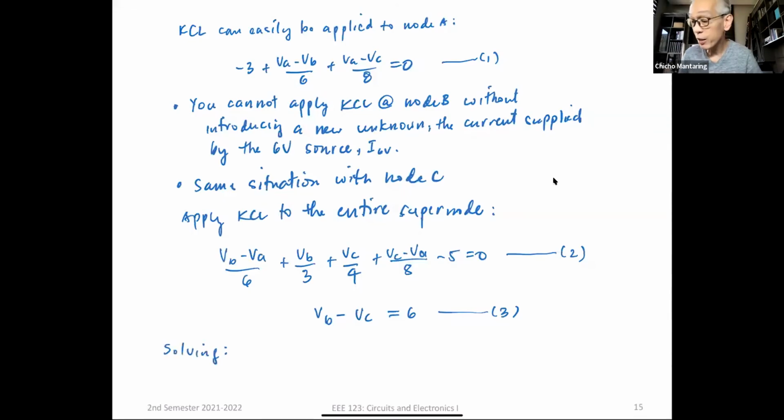You can simplify your system of equations, enter your coefficients into your calculator, and tell your calculator to just compute the solution for you. You're going to get VA is equal to 24 volts, VB is equal to 16.3 volts, and VC is equal to 10.3 volts. So that is what happens here. Any question with regard to a supernode?